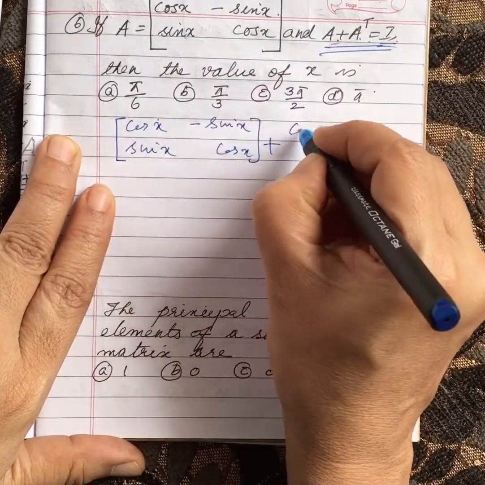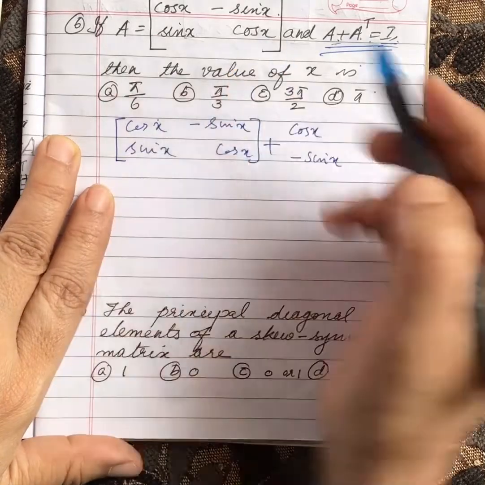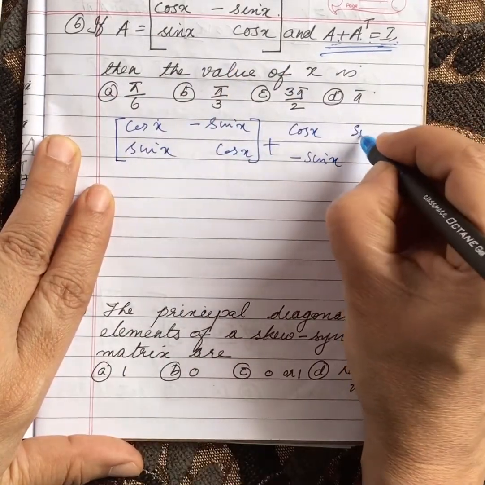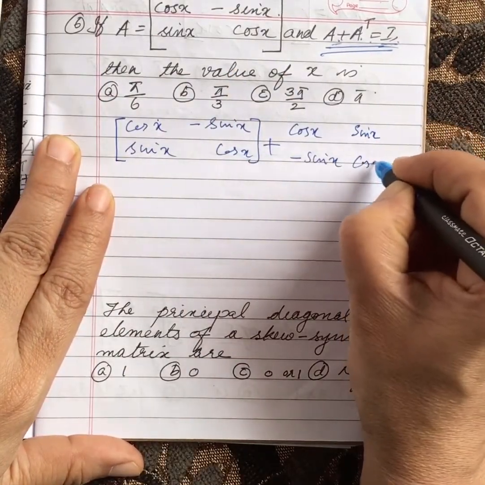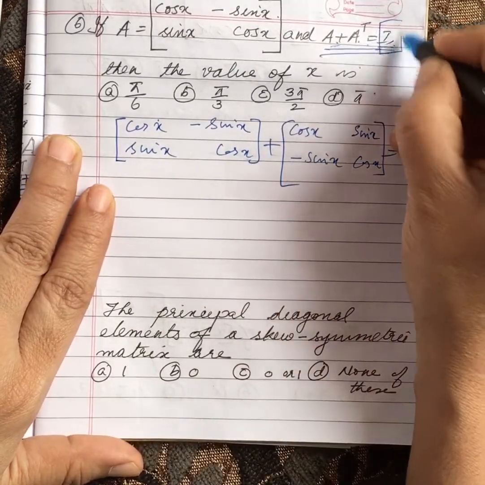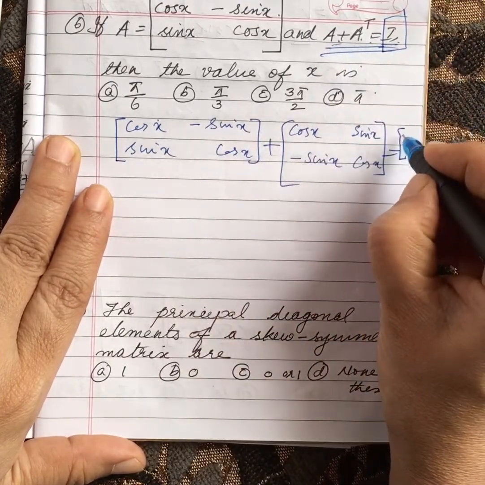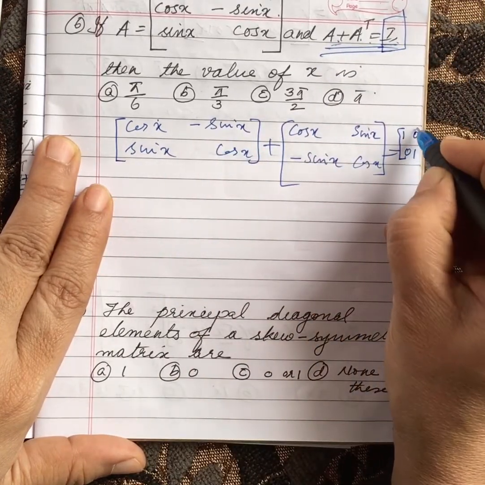The first row becomes the first column, the second row becomes the second column, that is sin x, cos x. The sum of these two matrices is equal to I. I is the identity matrix of the same order as that of A. So it becomes 1, 0, 0, 1.